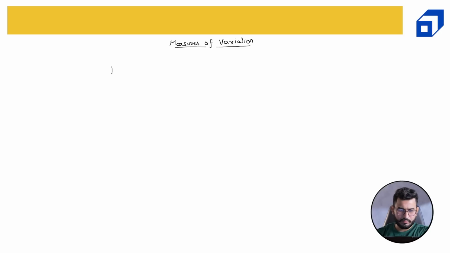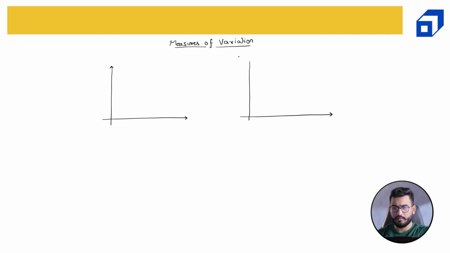So let's try to take two examples or two subjects, and I'm plotting these two subjects to give you a visual picture of what I'm trying to explain. Assume that here the x-axis represents the student ID for both the plots and the y-axis represents the marks.